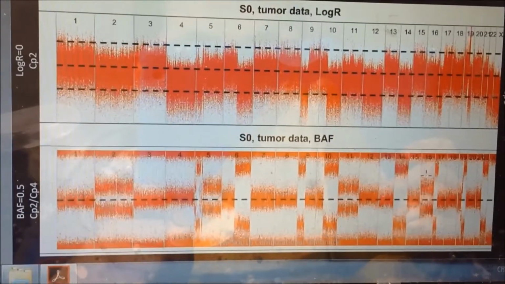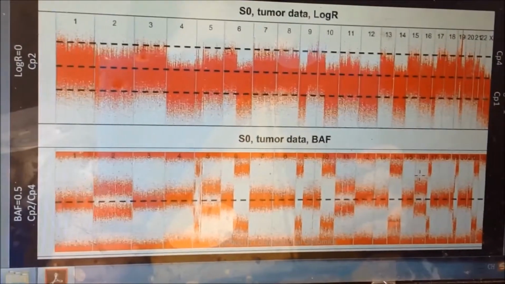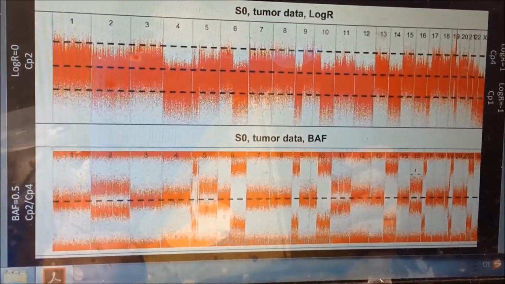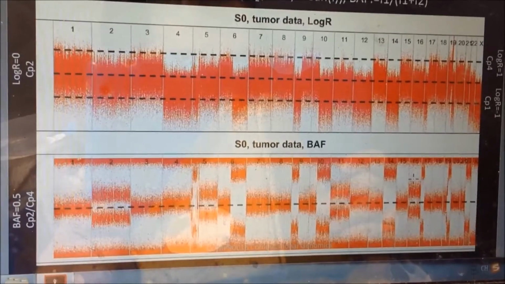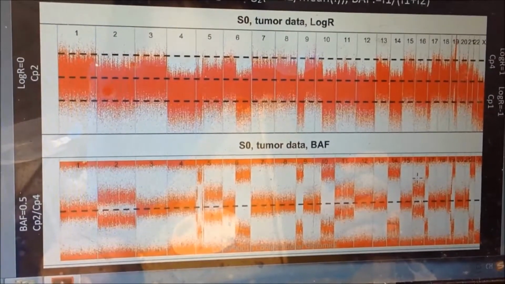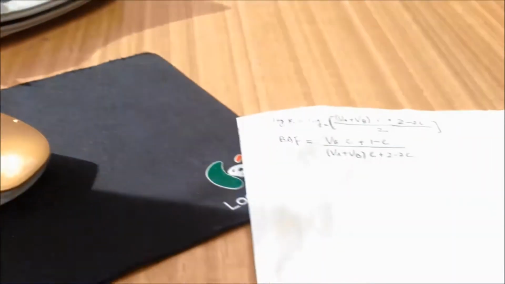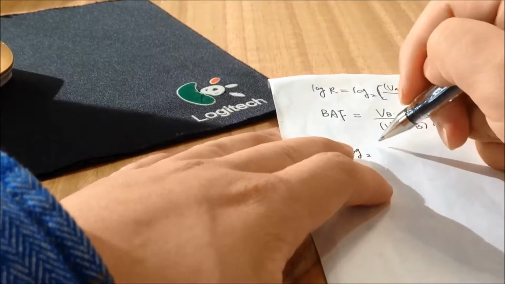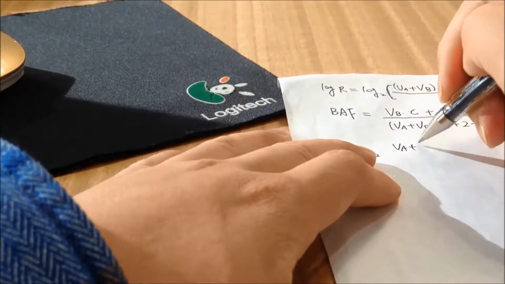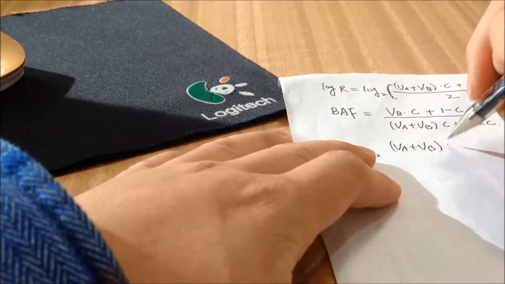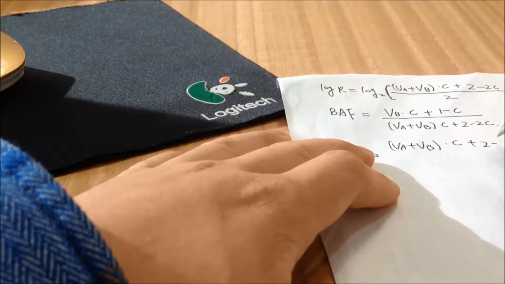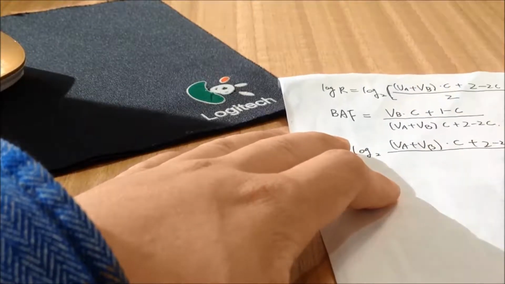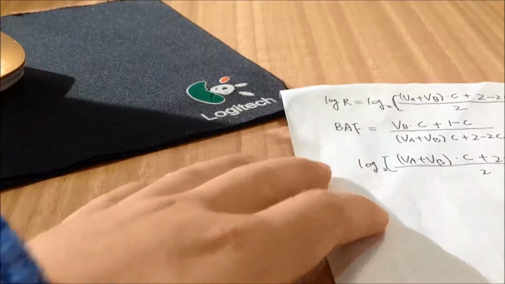First of all, if you watch the changes in chromosome 2 and chromosome 14, they are of similar behaviors anyway. You can get the formula which is log2 of (VA plus VB times C plus 2 minus 2C) by 2.